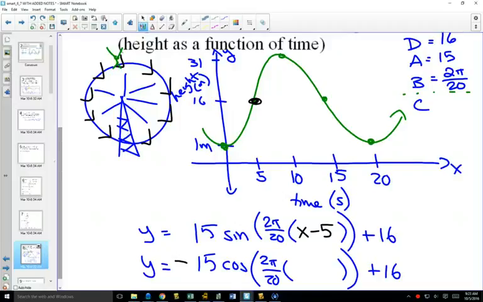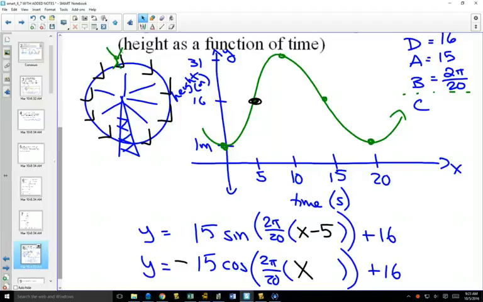So let's put a negative in front, because then we don't have any shift. You could write plus 0 in there if you wanted, but you could just write x, because you'd have no shift. And so the second graph is probably our nicest graph, because it's the shortest, and it starts right at the place where we start on the Ferris wheel.